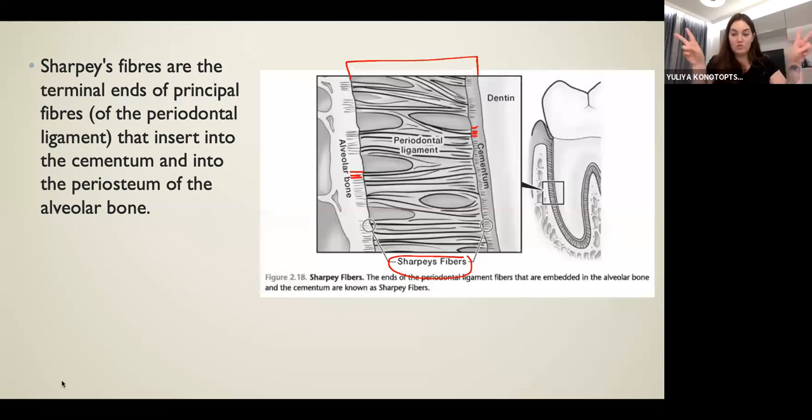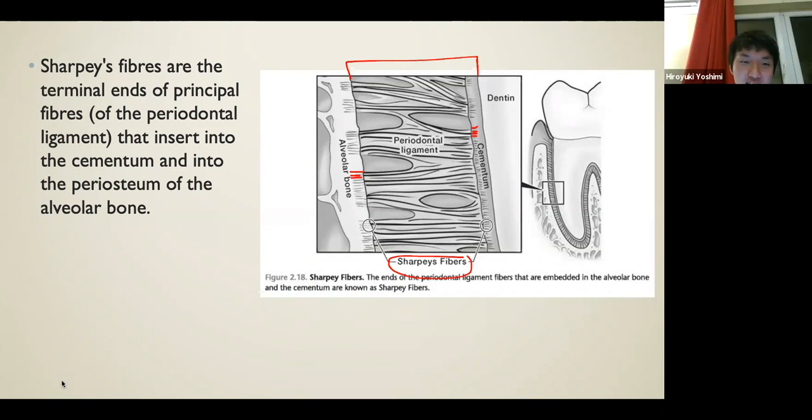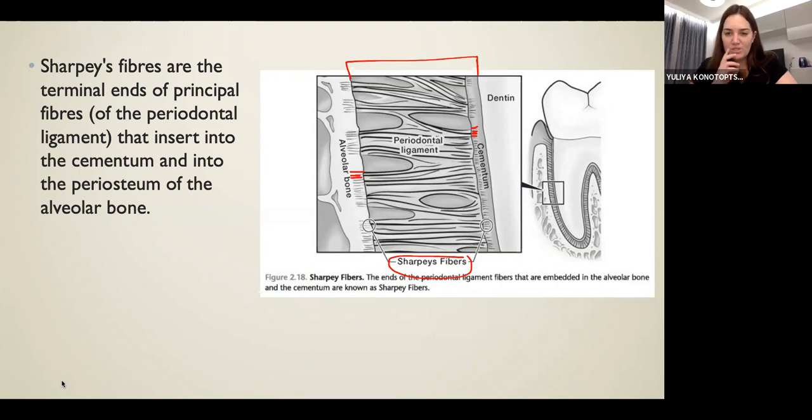So those are the periodontal ligament's collagen fibers. And last question, which collagen would that be? The thickest, baddest, strongest collagen? Type 1. So Sharpey's fibers are made out of collagen type 1.